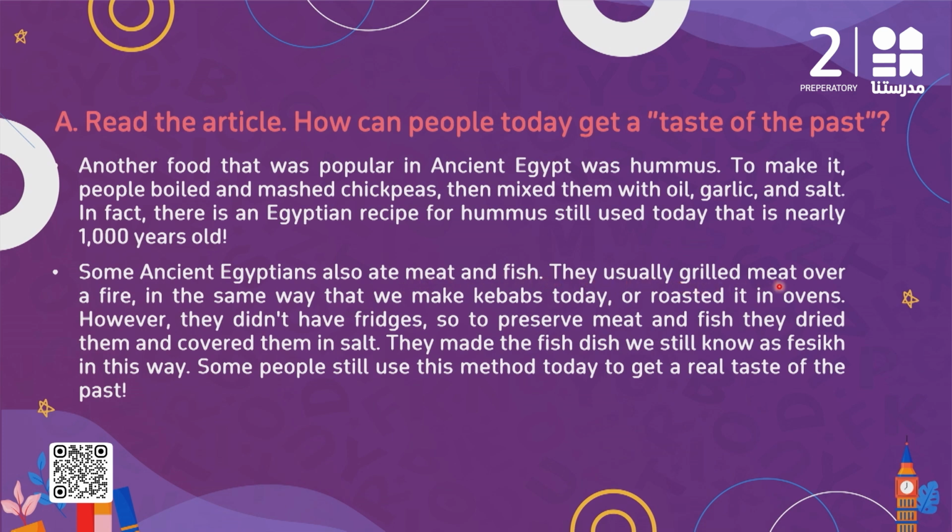They usually grilled meat over a fire in the same way that we make kebabs today, or roasted it in ovens. However, they didn't have fridges, so to preserve meat and fish, they dried them and covered them in salt. They made the fish dish we still know as fisik in this way. Some people still use this method today to get a real taste of the past.